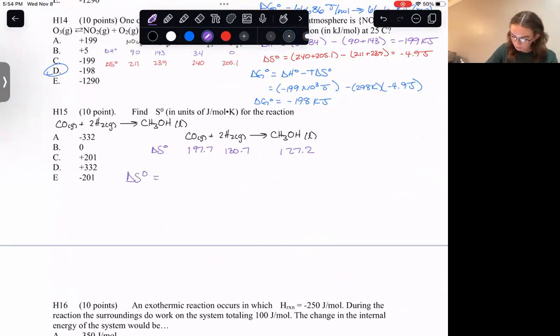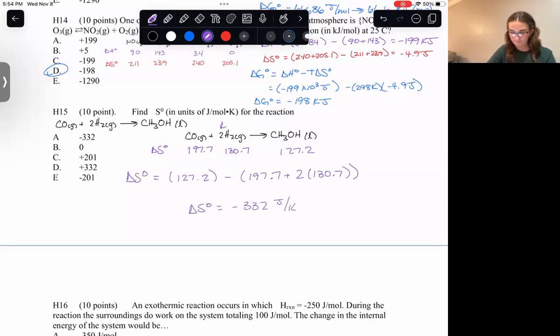So delta S naught would be 127.2 minus the sum of 197.7 plus 2 times 130.7 because we have a coefficient of 2 in front of our H2. And we end up with delta S naught equal to negative 332 joules per Kelvin.